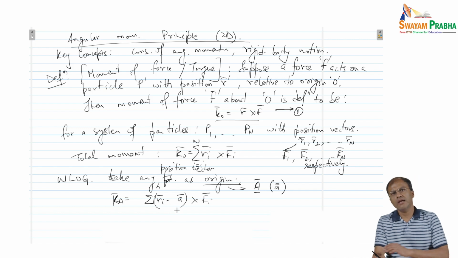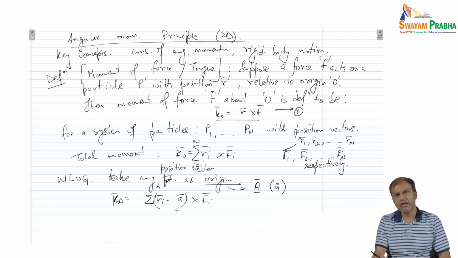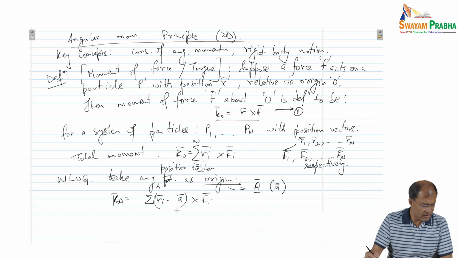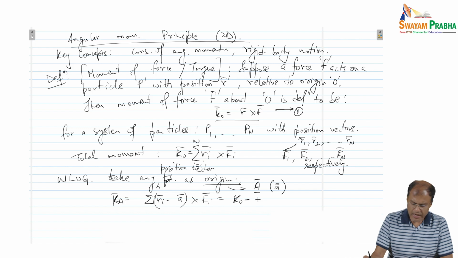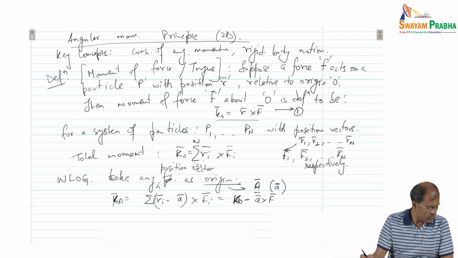Automatically the contribution of point A is gone. And then we can distribute this cross product. We see that this is KO minus a cross F. So that is what we have.